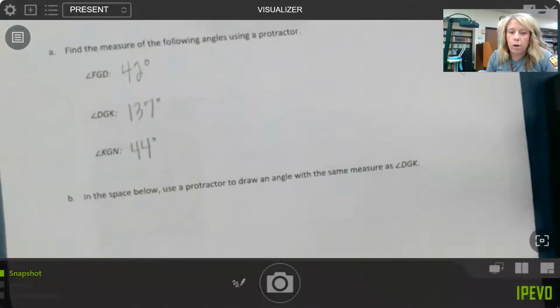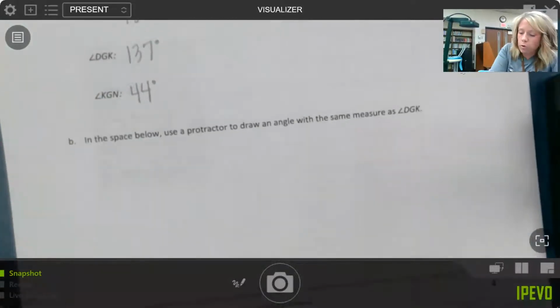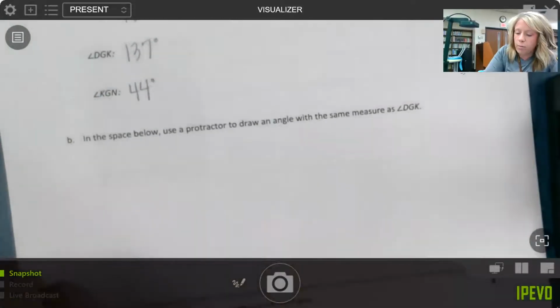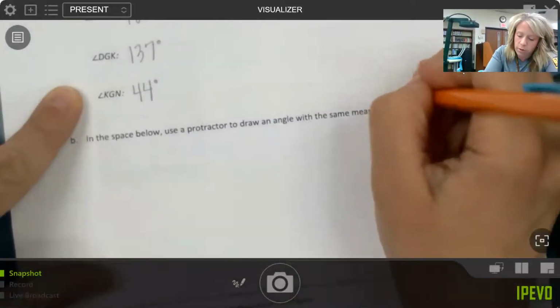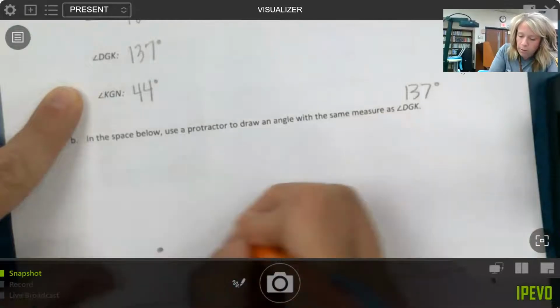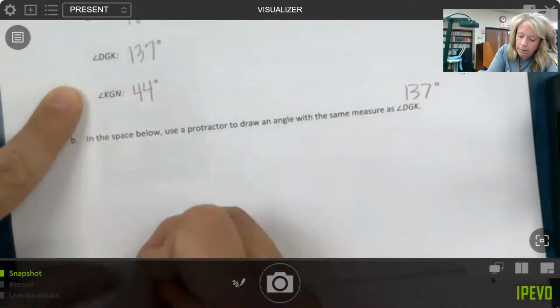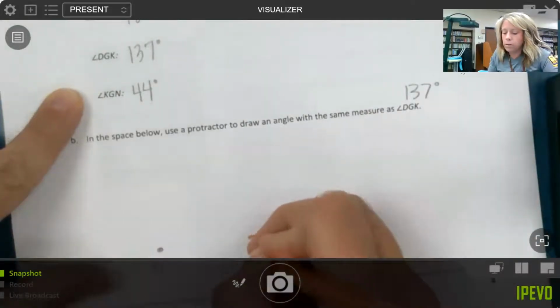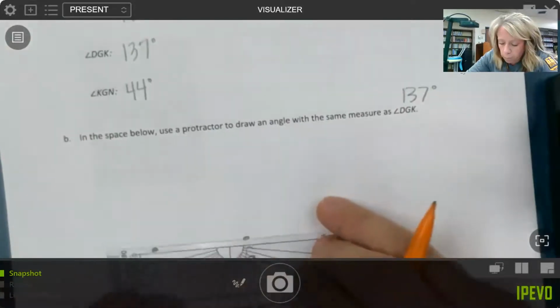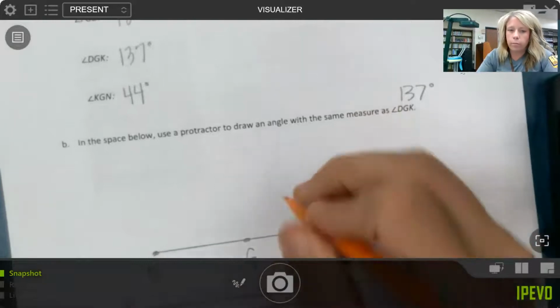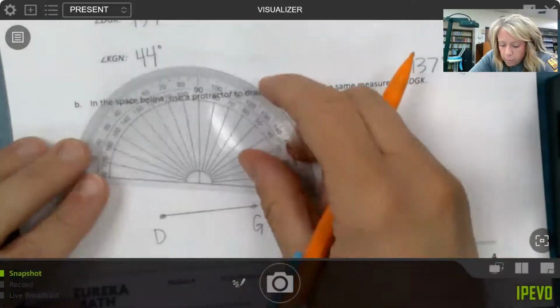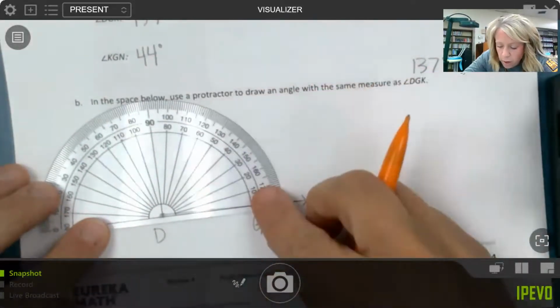Now we're going to try to draw. You're going to use a protractor to draw an angle with the same measurement as angle DGK, which is 137 degrees. So I'm going to start by making a ray. I'm going to make mine D and G. So I'm going to line up my point D with the center of my protractor.